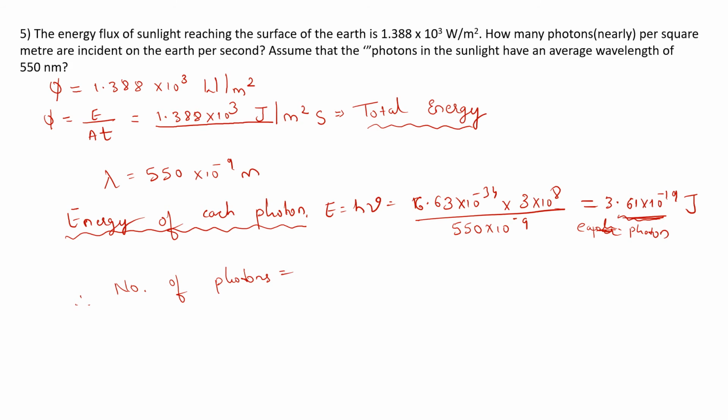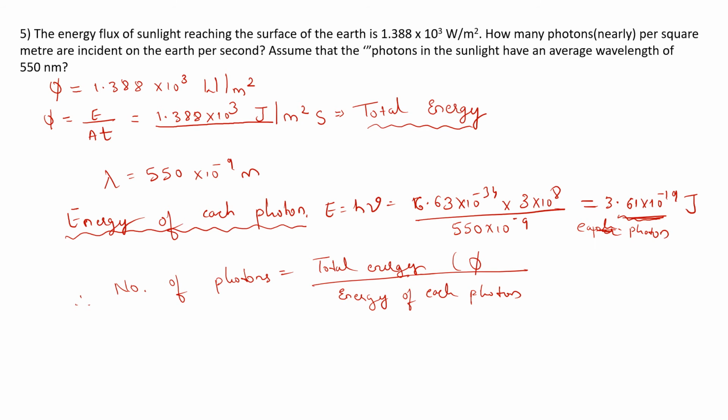Number of photons is equal to total energy divided by energy of each photon.